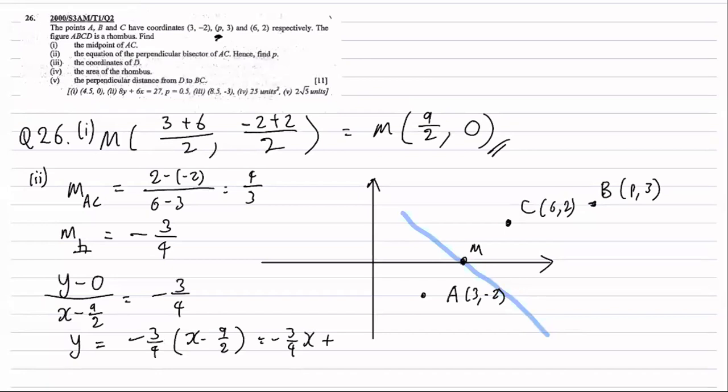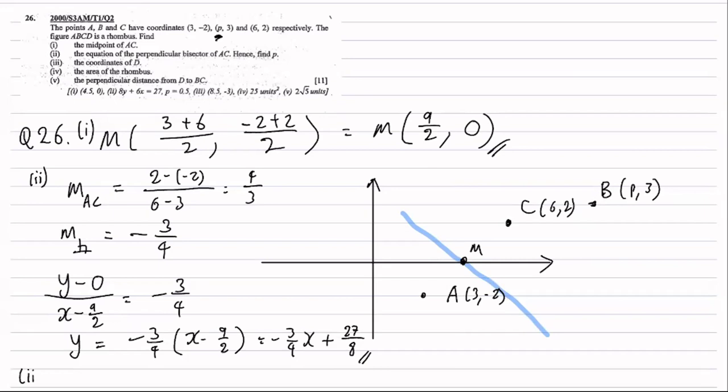Then you just use a calculator: 3/4 times 9/2 gives 27/8. Is that okay? Good. That's the line, the perpendicular bisector of AC.